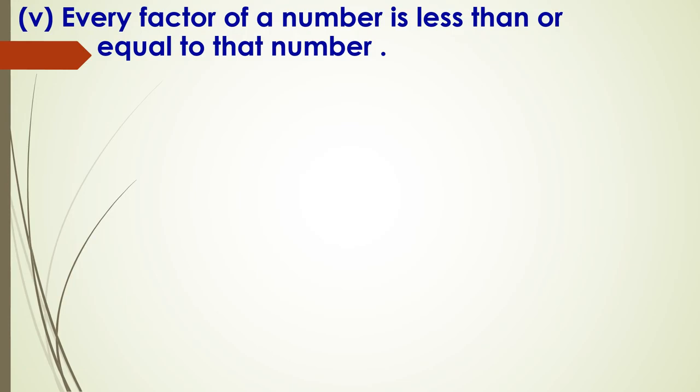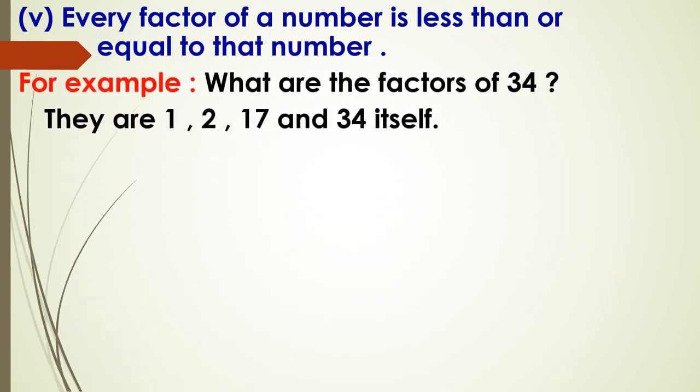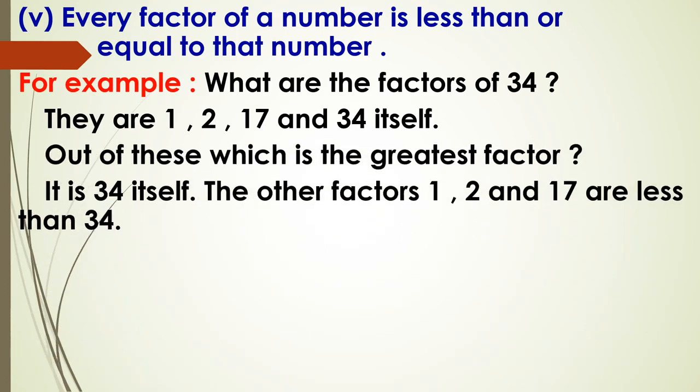See the example. Now here we are finding the factors of 34. They are 1, 2, 17 and 34. Out of these, which is the greatest factor? 34 is the greatest, 34 itself. So the other factors 1, 2 and 17 are less than 34.